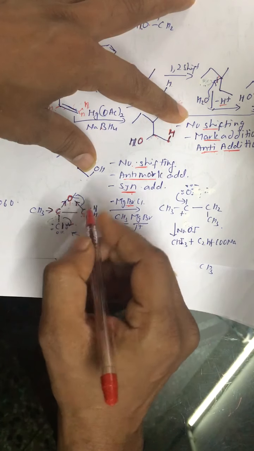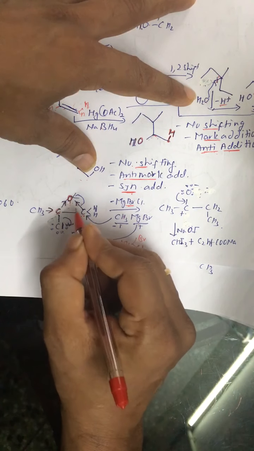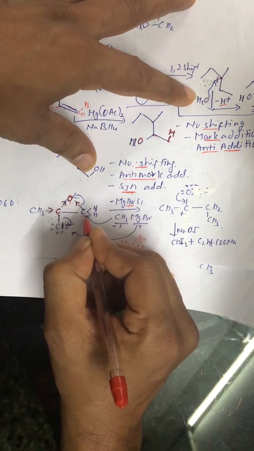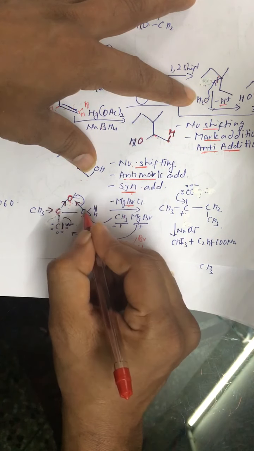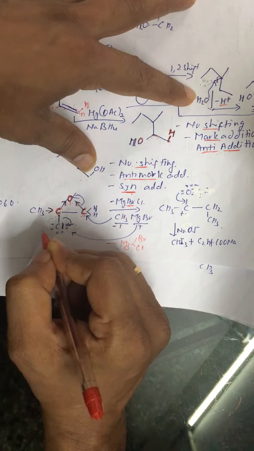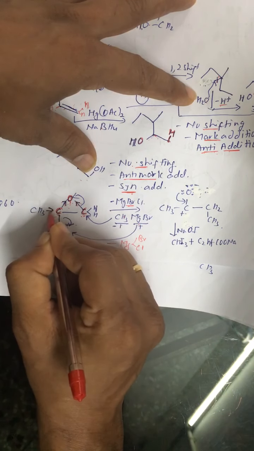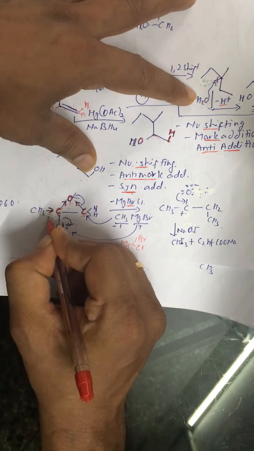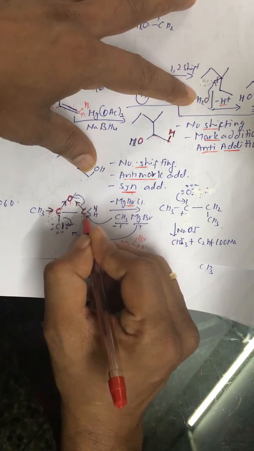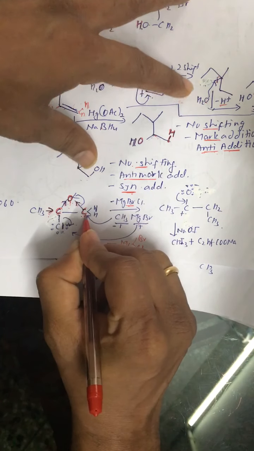Oxygen is withdrawing electron density towards itself, so over both carbon atoms we have a partial positive charge. This partial positive charge is subsided by the plus I effect of the methyl group. So the magnitude of positive charge over this carbon is more, so the methyl group attacks on this carbon atom.